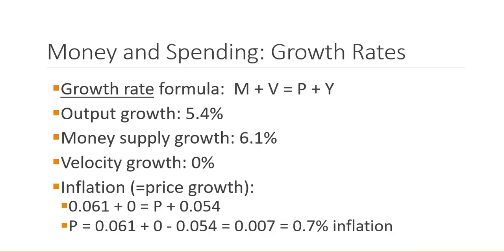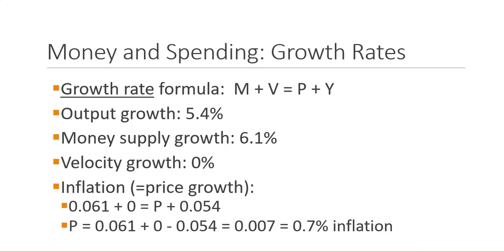Let's look at another money and spending concept which relates to growth rates. Now we're not looking at dollar amounts, we're looking at growth over a one-year period. So our formula now, instead of multiplication, is addition. M plus V equals P plus Y when we have the growth rates.